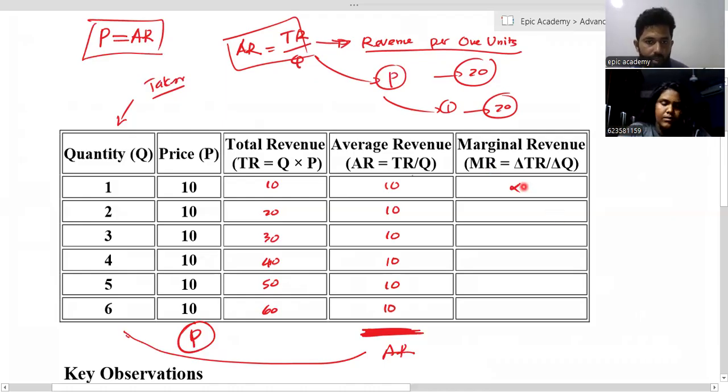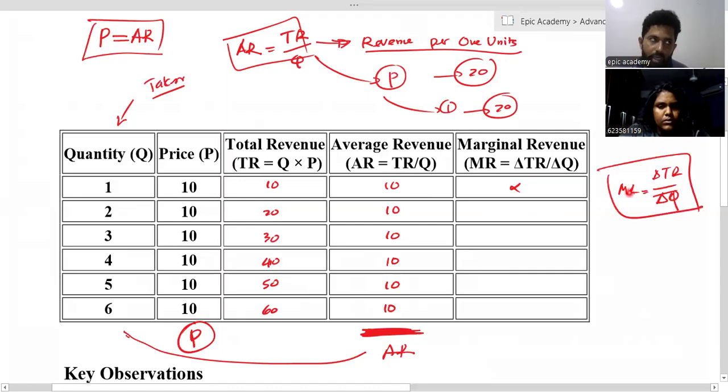So then the marginal value. Okay, the first one is blank. Marginal revenue is delta TR divided by delta Q. If you have an equation, this is the derivative of the equation. We already calculated that.